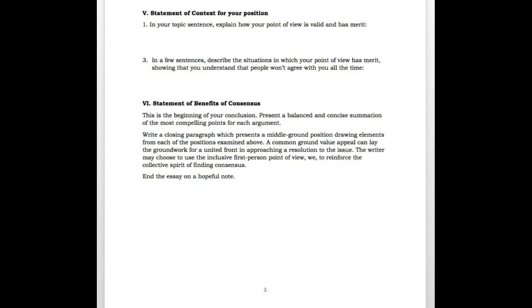So in other words, your conclusion is going to draw the pieces together and show where the common ground is and how you can work together. You always want to end your Rogerian argument on a hopeful, positive note. So talk about the ways in which you can come together.